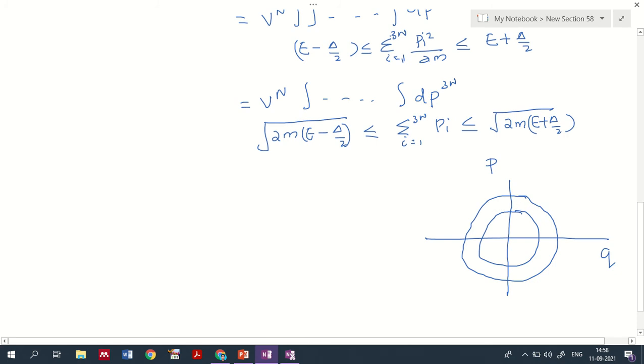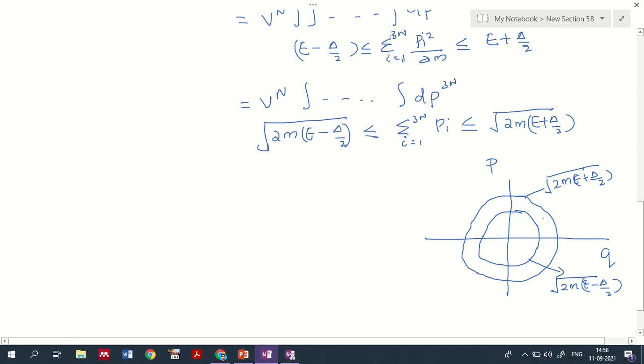We know that the limit of this part will be root 2m (E plus delta by 2), and also this one is root 2m (E minus delta by 2), so that is the limit or radius of this hypershell. So we will be getting that.